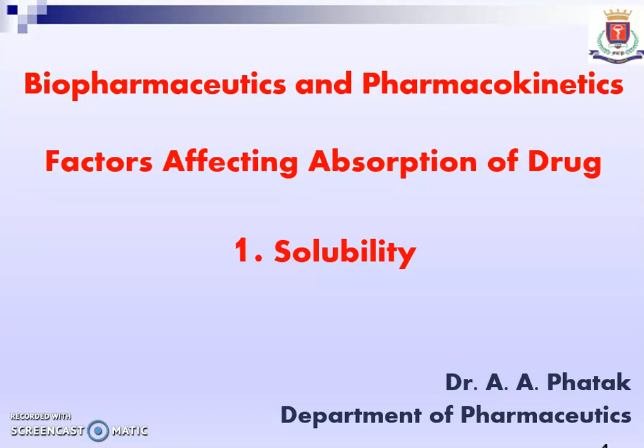How these physicochemical properties affect absorption of the drug, we are going to study this. In this series, we have to start with the solubility as a physicochemical property, how it affects absorption of drug.